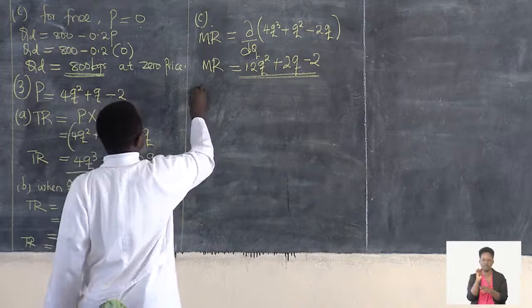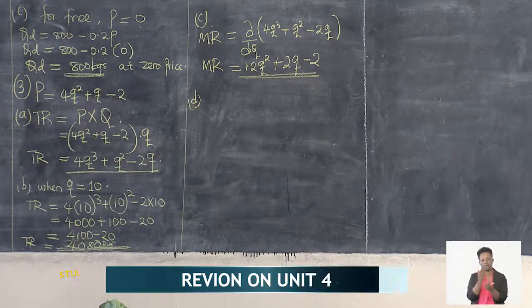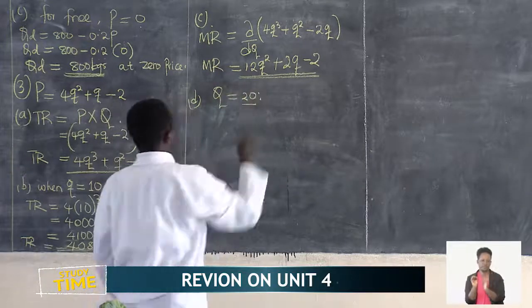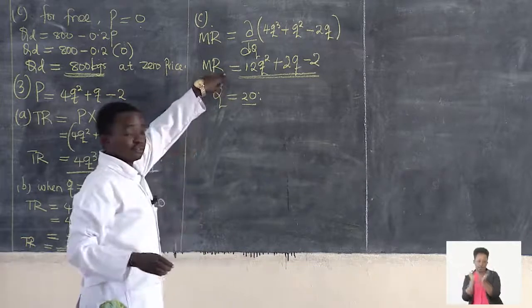Then, part D. They want us to get the marginal revenue when output is 20. We substitute in the marginal revenue function.